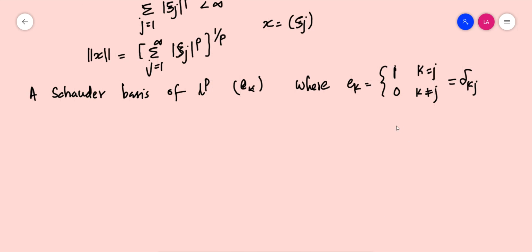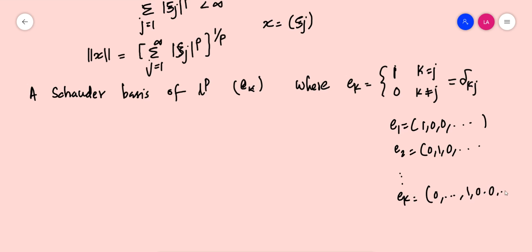So E1 is the sequence 1, 0, 0, etc. E2 is the sequence 0, 1, 0, etc. Ek is the sequence 0, 0, etc., 1, 0, 0, etc. So these are the sequences. Now, if we take an arbitrary element x, which is equal to some sequence theta j in LP, x can be written as a linear combination of these.